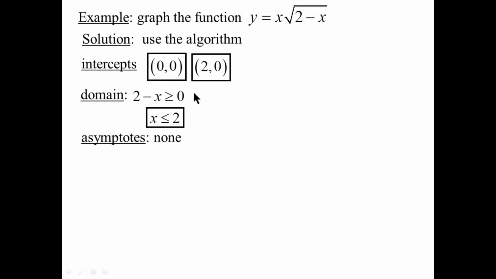Intercepts, domain, asymptotes, there are none, because there's no limits at infinity. As x grows large, well, x can't grow large because its domain stops at 2. X has to be less than 2. But as x grows large and negative, we have a large negative times the square root, which is always positive. So this will become large and negative as well.